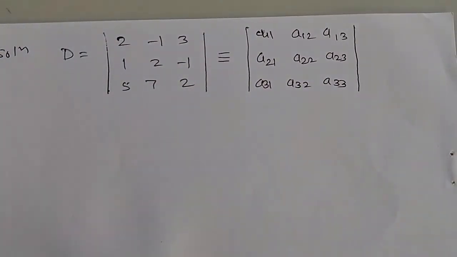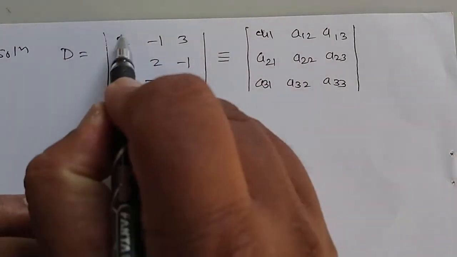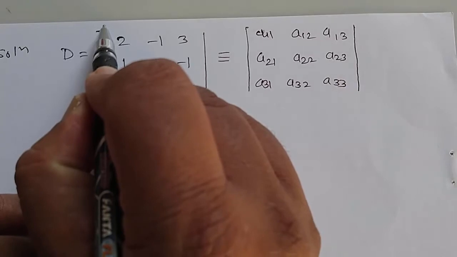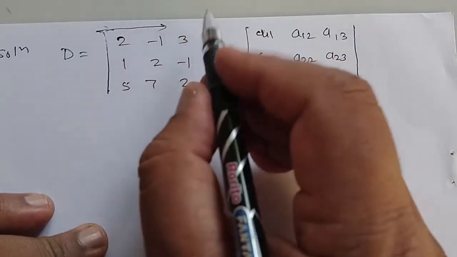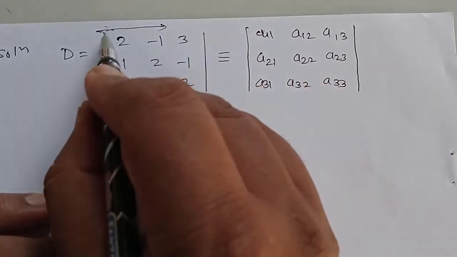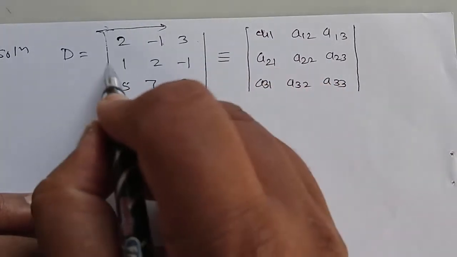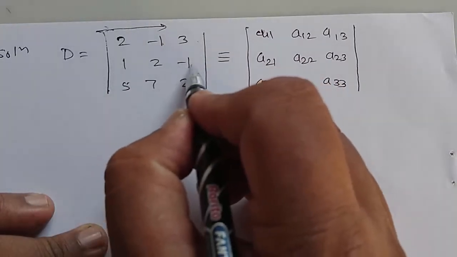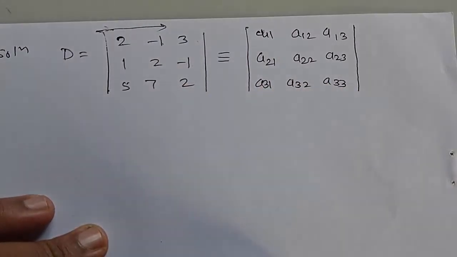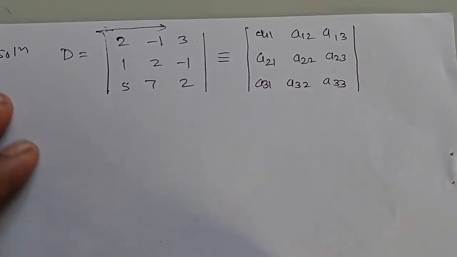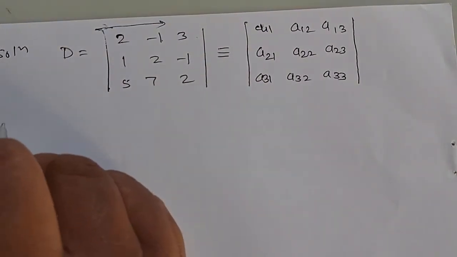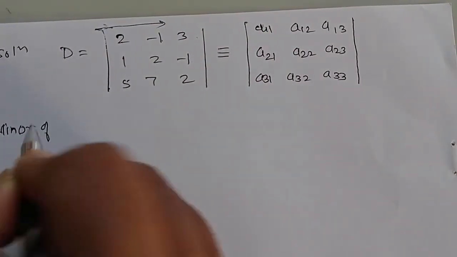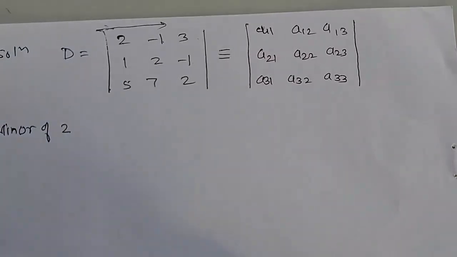Therefore, we start by finding the minor of every element. We go row wise, from left to right. First we start with 2, minus 1, 3, then 1, 2, minus 1, and so on. The order is also important. So, first the minor of 2.